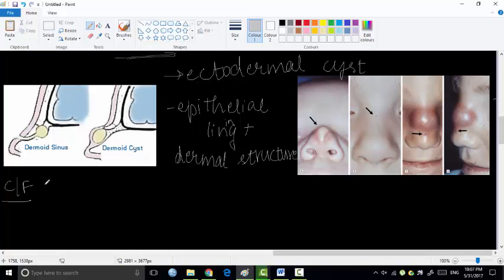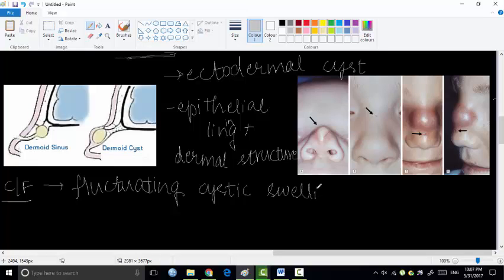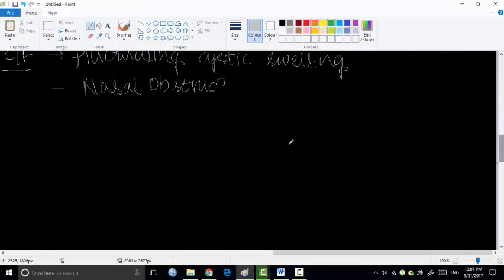So this is a fluctuating cystic swelling, right? It is a fluctuating cystic swelling the person comes with, and this swelling may result in nasal obstruction, right? And this mass is compressible, just like meningoencephalocele.